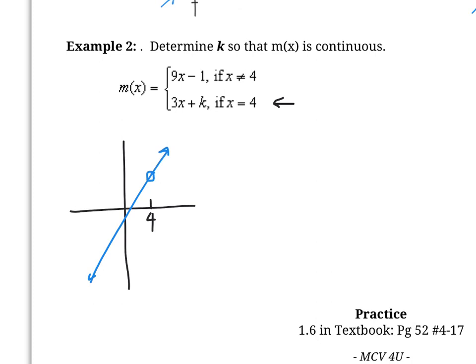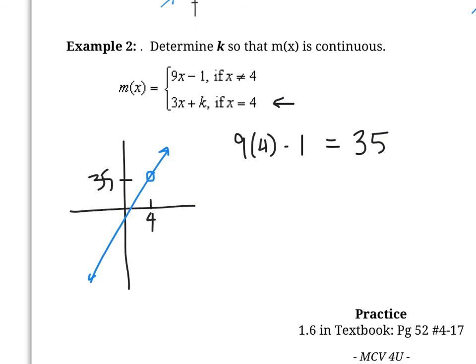So if we find 9 times 4 minus 1, that's going to tell us the function would exist at 35. So that point here is at 35. Even though there's a hole there, if the function did exist at 4, that's where it would be.